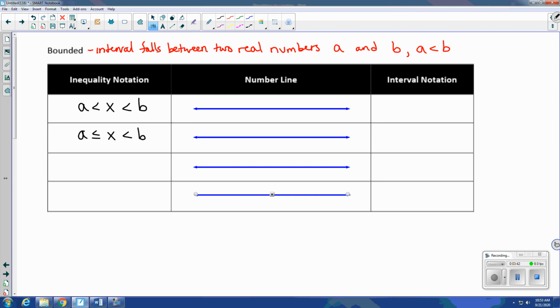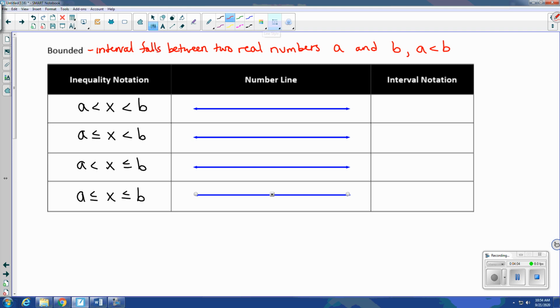So that indicates inclusion. We could have A not included, but B is included this time. Or we could have that they are both included in the set. So we're looking at x being all the numbers between A and B, and then the four possibilities break down whether or not A and B are actually included themselves.